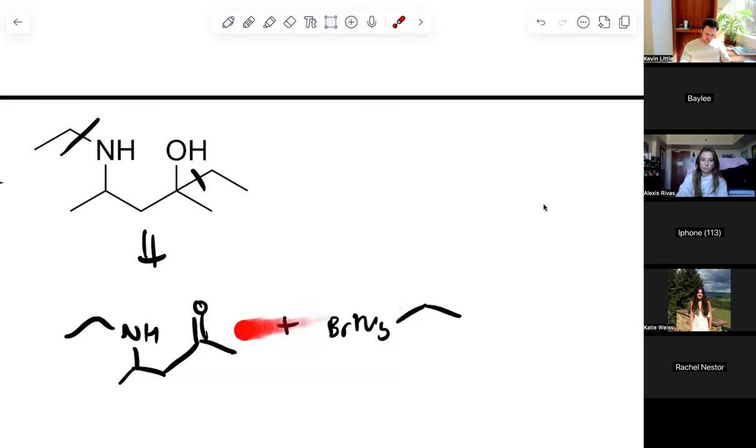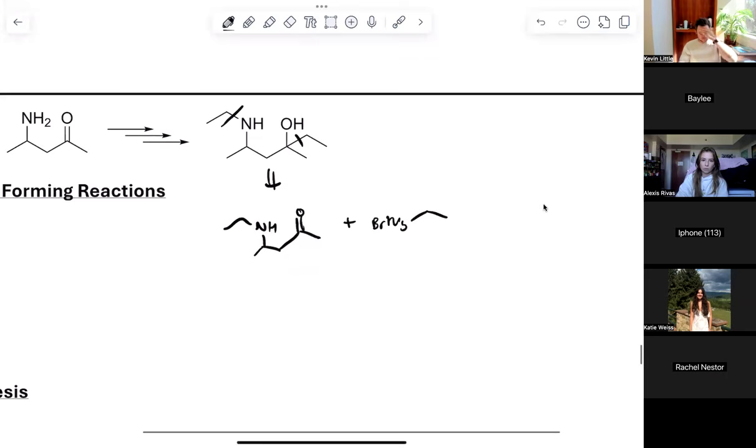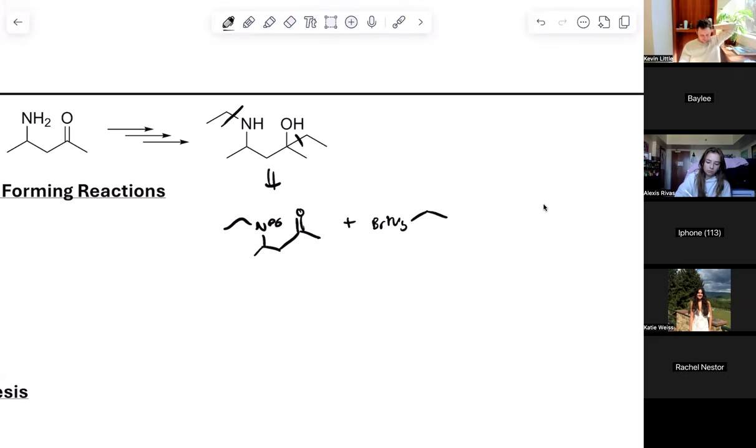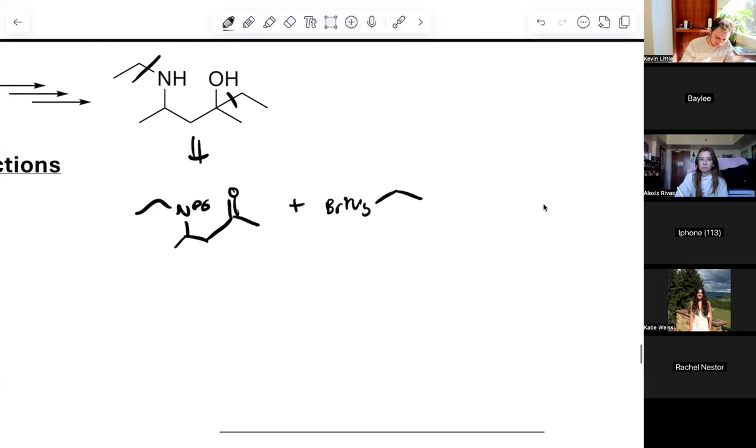So these two things should make that. This isn't really a big problem. It's not an NH2. I could protect it. Yeah, let's just go ahead and protect it. Let's be safe. Whenever I see an NH or OH, it's always kind of safe to protect it.